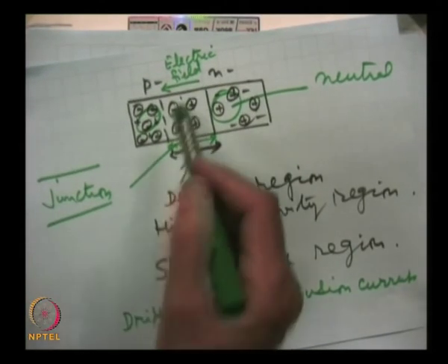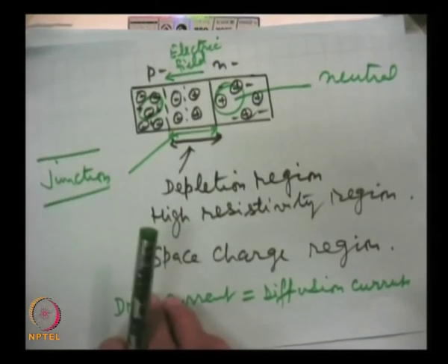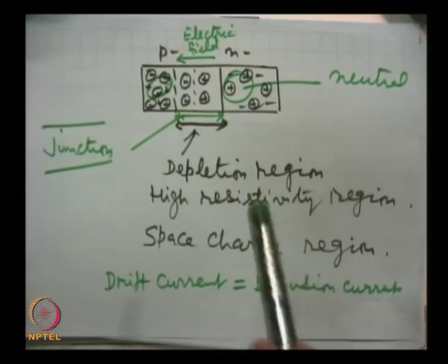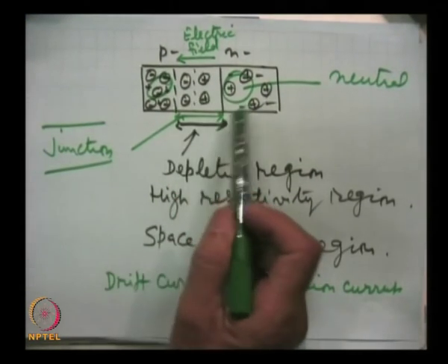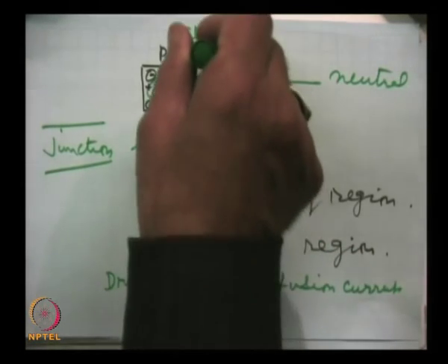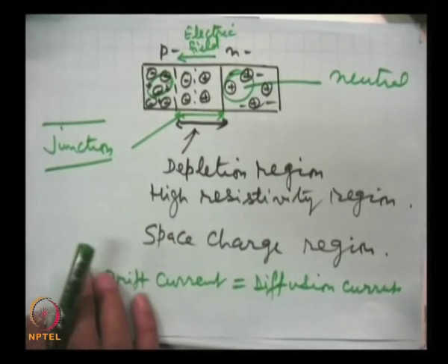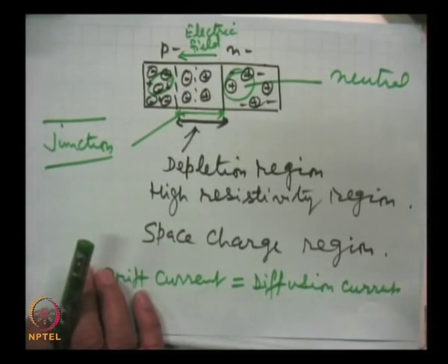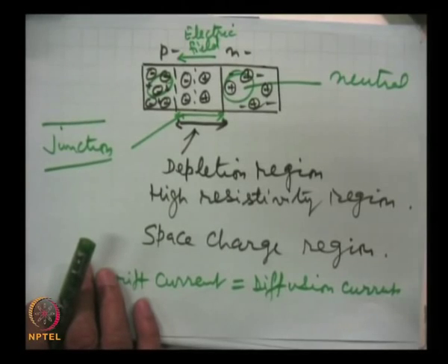We can calculate that also, and it is a high resistivity region. So, all these parameters: a field always gives rise to a potential, which we call the contact potential.